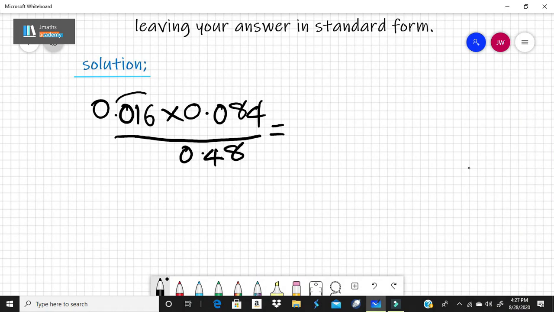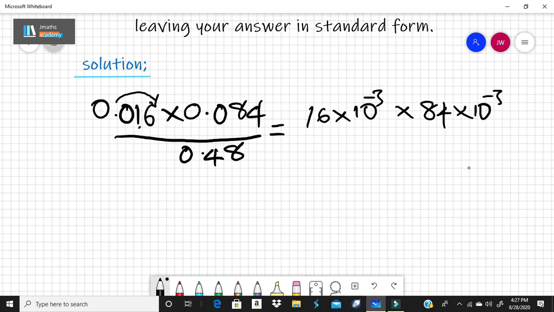So we have 16 multiplied by 10 raised to the power of minus 3, multiplied by 84 multiplied by 10 raised to the power of minus 3, the same method as the first, all over 48 multiplied by 10 raised to the power of minus 2.